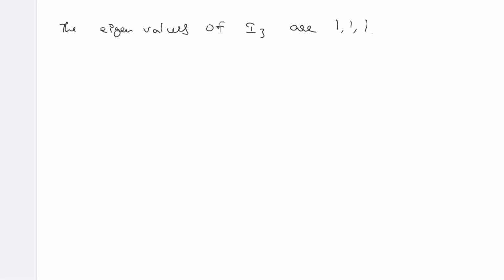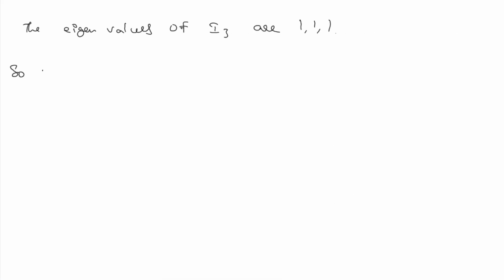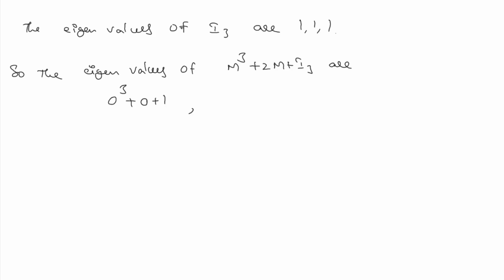So the eigenvalues of the matrix M cube plus 2M plus I3 are 0 cube plus 0 plus 1, which is one eigenvalue; then 2 cube plus 2 into 2 plus 1; and then 3 cube plus 2 into 3 plus 1.